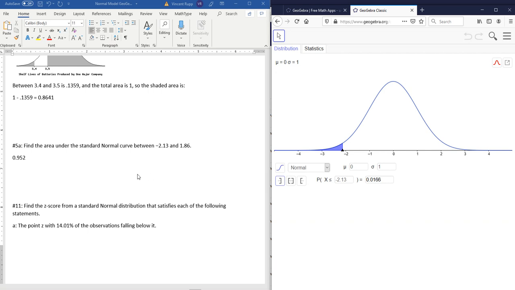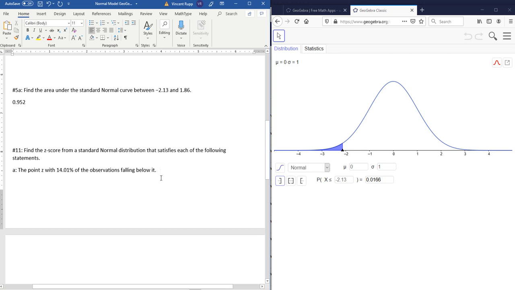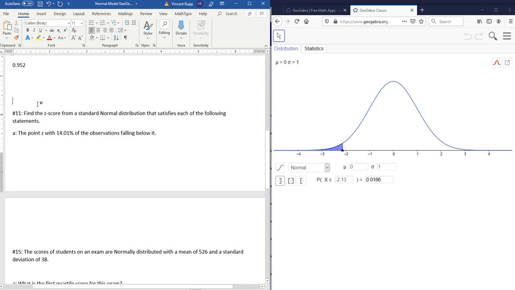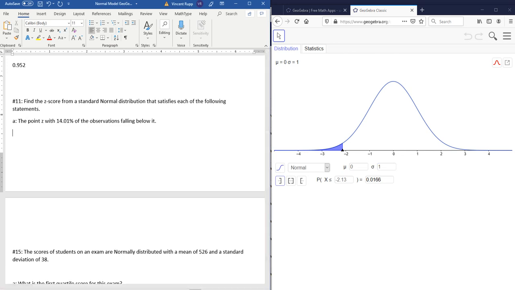But we can go the other way too. Number 11 wants us to find the z-score. So again, mean 0, standard deviation 1, from a standard normal distribution that satisfies each of the following statements. Part A says the point Z with 14.01% of the observations falling below it. So below it is a lower tail.